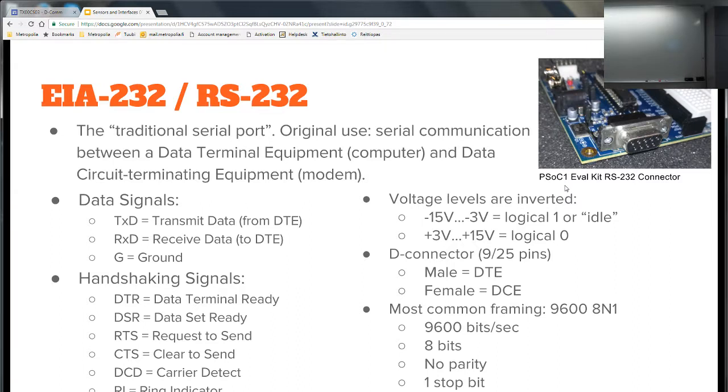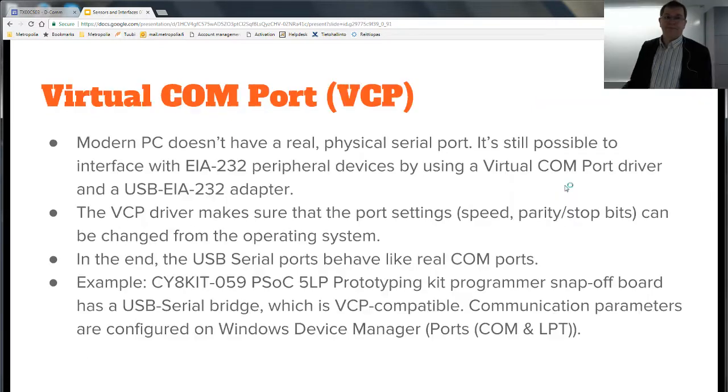I haven't seen 25 pin equipment since the 90s. And then the most common parameters for transmission are 9600, 8 bits, no parity, one stop bit. Okay.